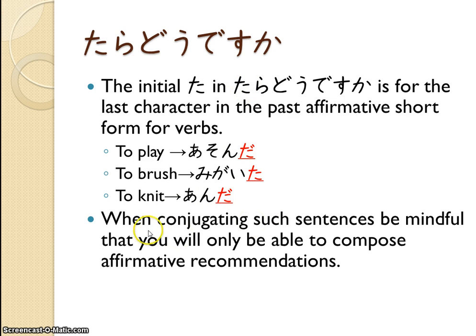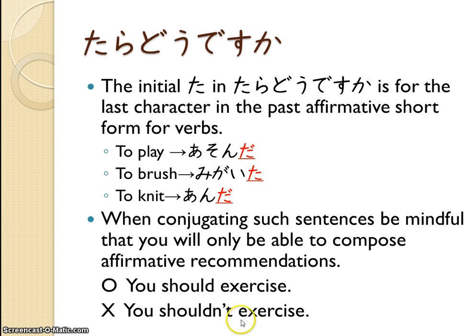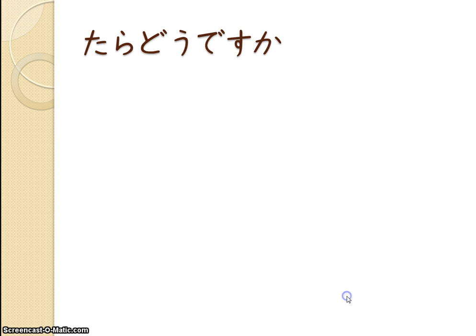Now, when you conjugate these sentences, please make sure you understand that you will only be able to compose affirmative recommendations. So you cannot say, why don't you not do something? That's not a recommendation at this point. Okay, so keep that in mind. So you should exercise, that's an appropriate way to make a sentence, but you shouldn't exercise will not be a good one.